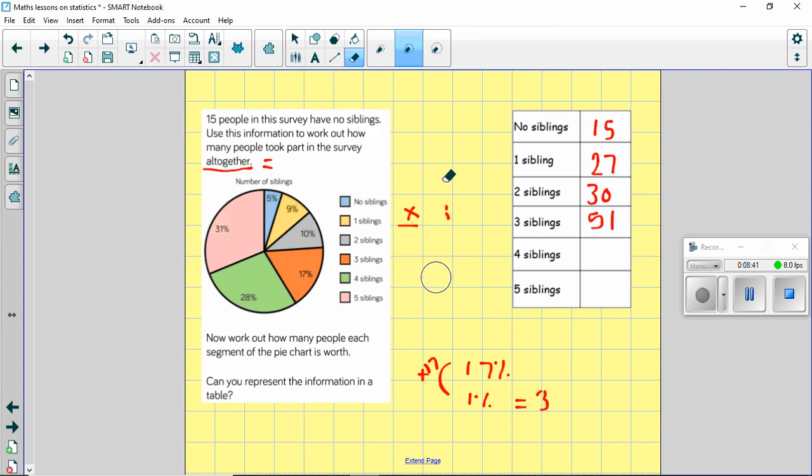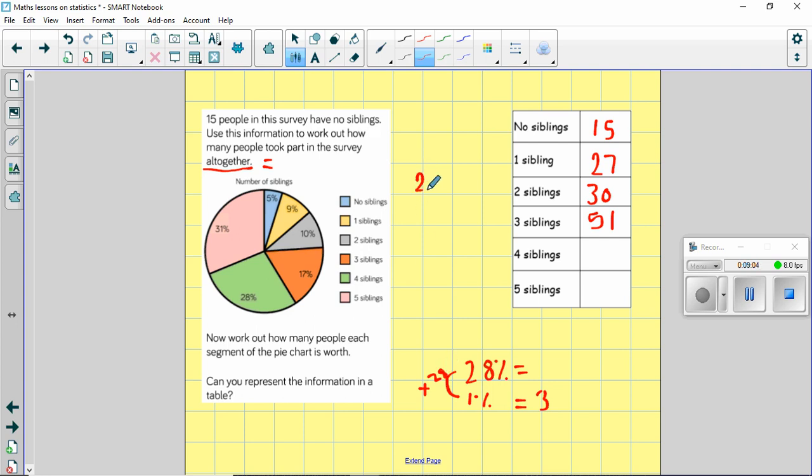Okay, next one. Again, I'm just going to keep rubbing this out so I'm not confusing you with all my jottings. 4 siblings, green, 28%. So if I know 1% is 3 children, I've times that by 28. So that means I need to times 3 by 28.